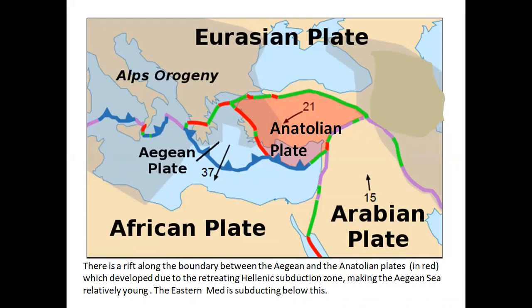And then it's picked up by extensional and transverse faulting of significance running across the top of the Anatolian plate in Turkey. Very large earthquakes, of course, occur along that far east side, south of the Black Sea.